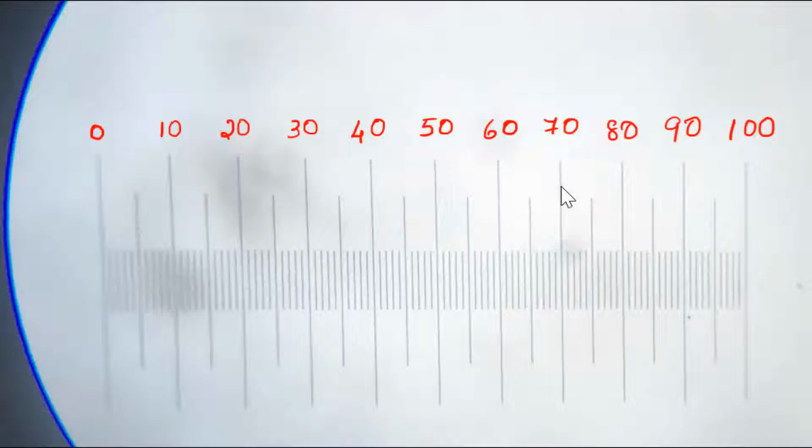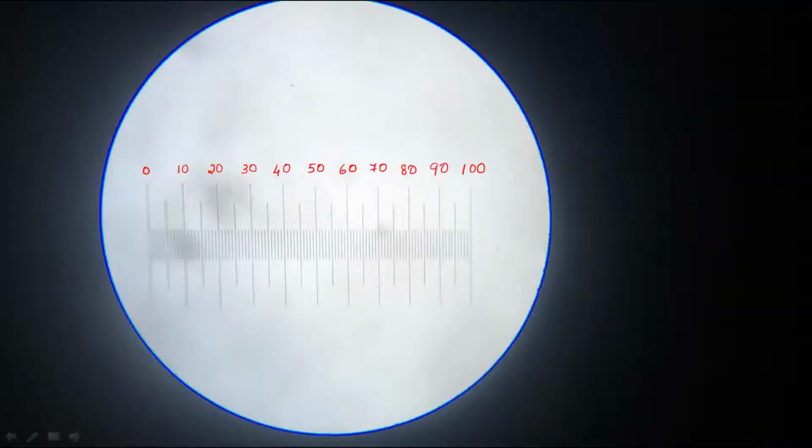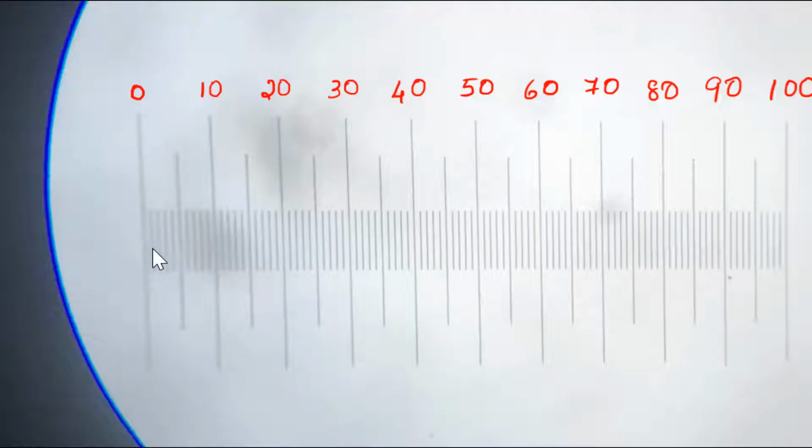The stage micrometer is a standardized scale. That means we know the value of one division. I will show you closely. The value of this one division is known. What is the size? It is known.